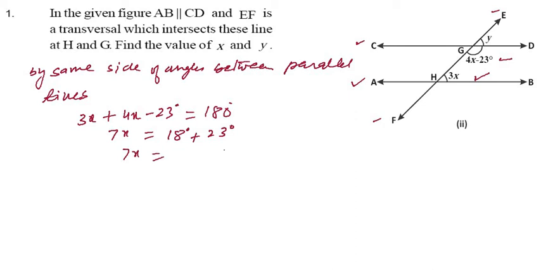Now 7x will be equal to 203. So x will be equal to 203 divided by 7. So what will happen in your x?